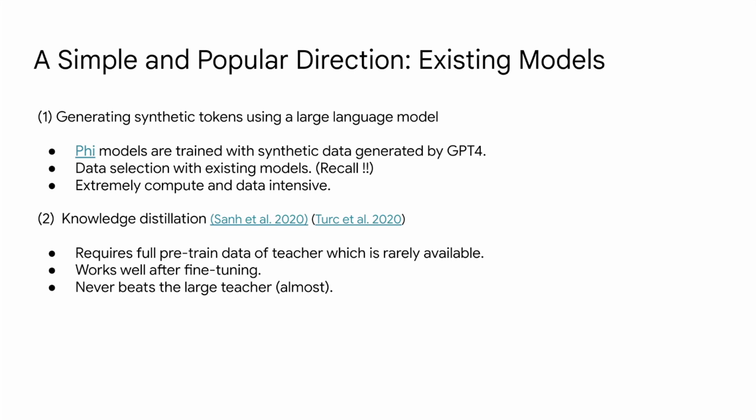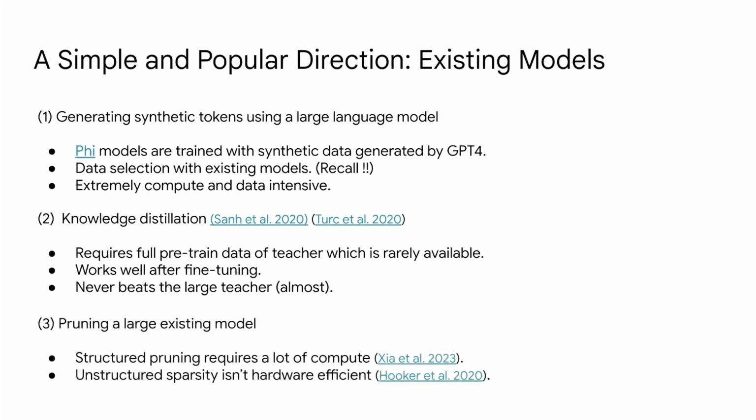It works well in many fine-tuning setups, but most of the time, and I might be wrong, I have seen very rarely a smaller student beating the bigger teacher. There could be some cases, but I have not read about them. There is another direction, pruning. If you train large and then compress, there are a couple of structured pruning techniques, like Sheared LLaMA, as cited here.